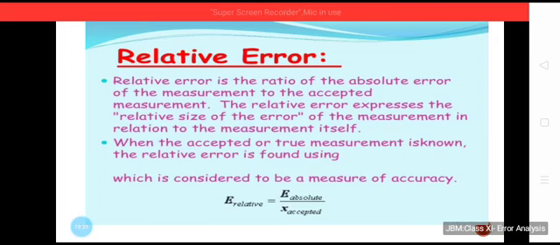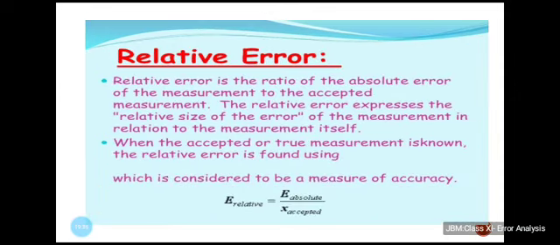Instead of the absolute error, we often use the relative error or the percentage error. The relative error is the ratio of the mean absolute error, that was delta A mean, to the mean value A mean of the quantity measured.